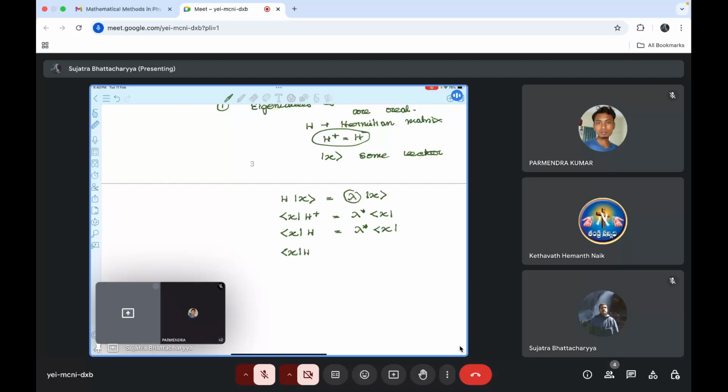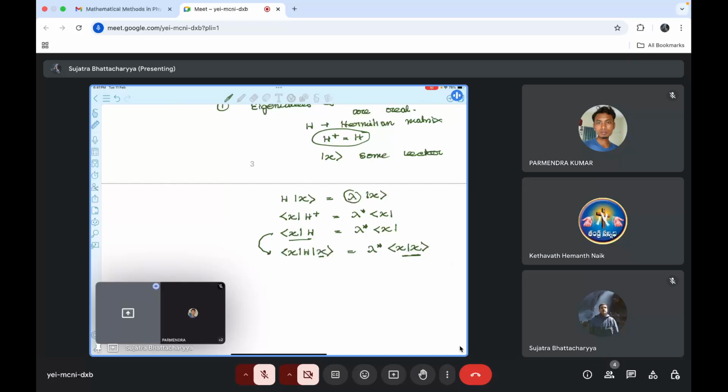So X, H, operating on X. On the other side we write lambda star X, X. Operating on X on both sides, we get the inner product lambda star X, X.